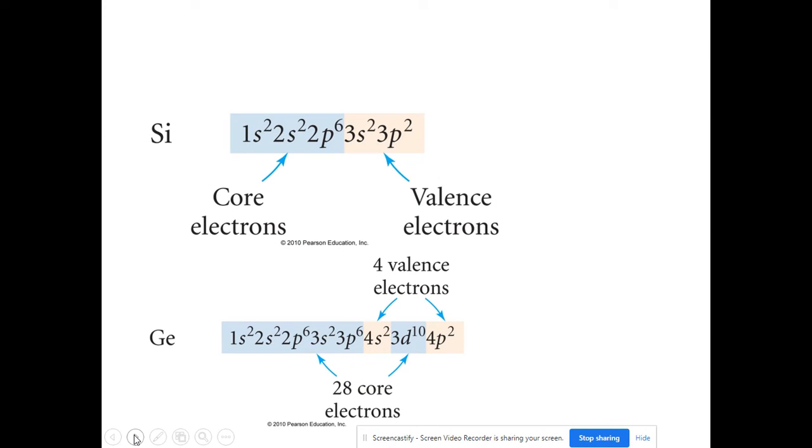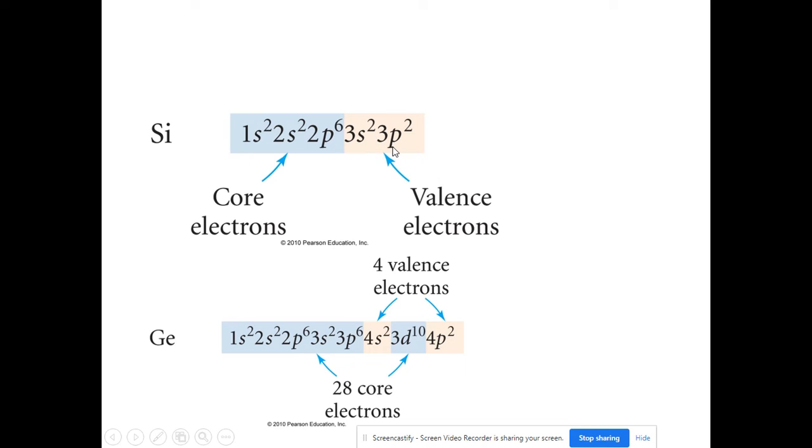So here we have silicon. Silicon has a configuration of 1s2, 2s2, 2p6, 3s2, 3p2. If we look at this, we notice that the third energy level is the highest energy level number.